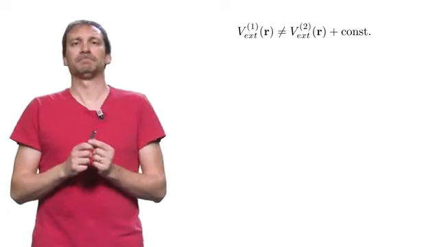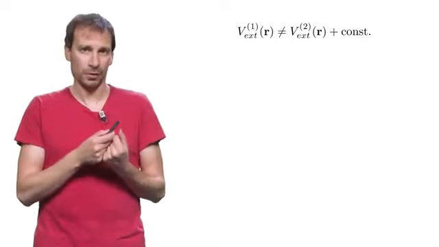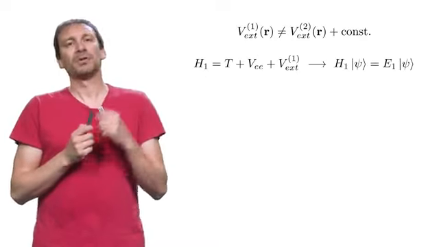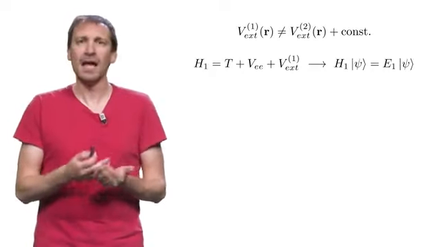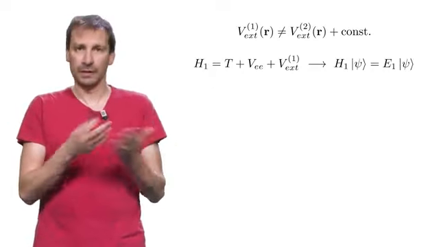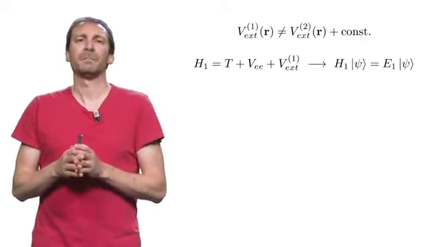So we start from two different external potentials. To be different, they have to differ by more than a simple constant. Potential 1 gives the Hamiltonian 1 that we can diagonalize and obtain the eigenvalue, the ground state total energy, and the eigenfunction, the ground state wave function.